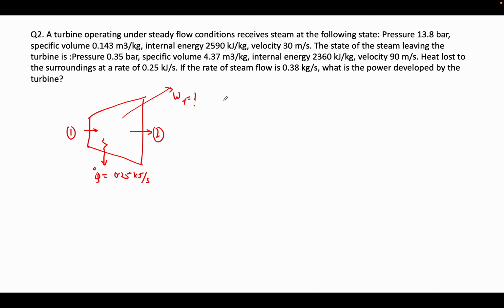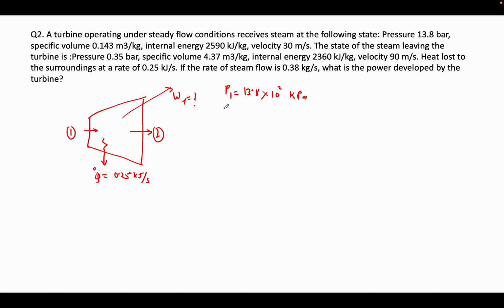So the initial conditions are given to us. P1 is 13.8 bar, so I'm converting everything into kilopascal, since kilojoule is given, so 13.8 into 10 square, it will be in kilopascal.